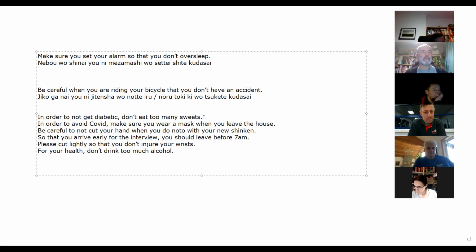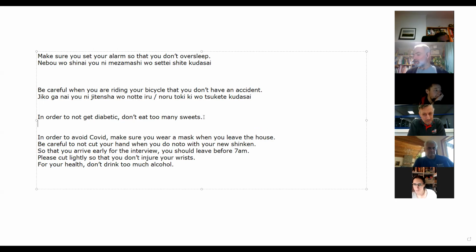Ukash, in order to not get diabetic, don't eat too many sweets. Is diabetic something like diabetic? No, hang on.